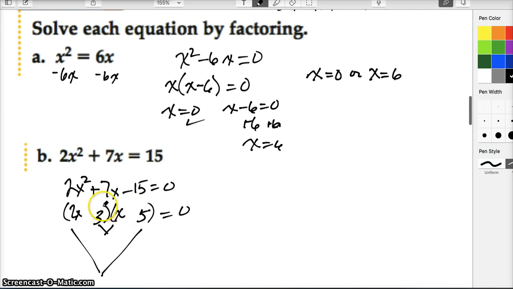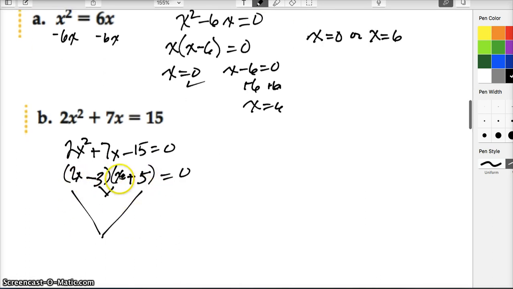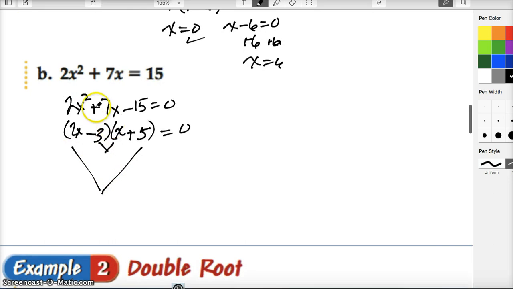I think that's fine. You can do it differently. But whatever way you're factoring, you should get 2x minus 3 and x plus 5. So 2x times 5 is going to give me 10x. Negative 3 times x is going to give me a negative 3x. And then when I'm done, I'm going to get 7x. So I feel confident in my factoring, and I'm going to get rid of this double V business.